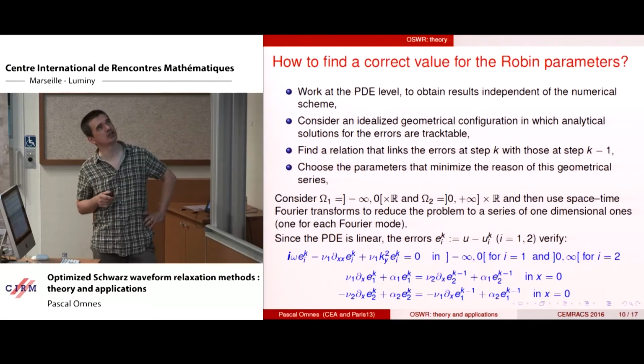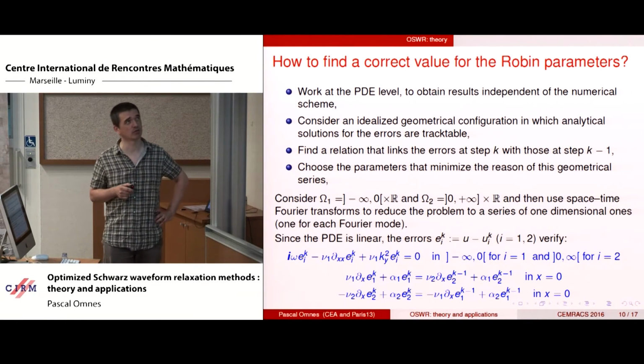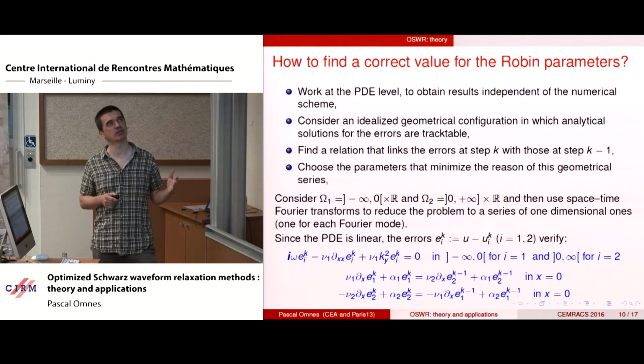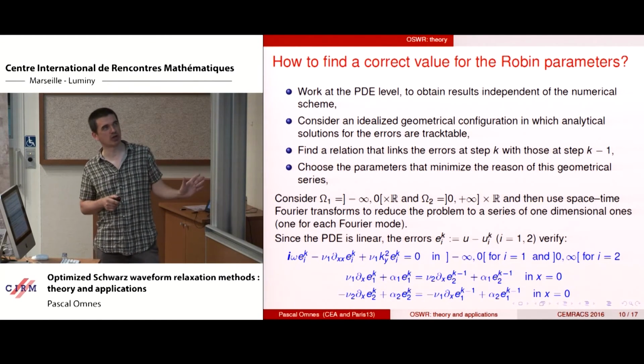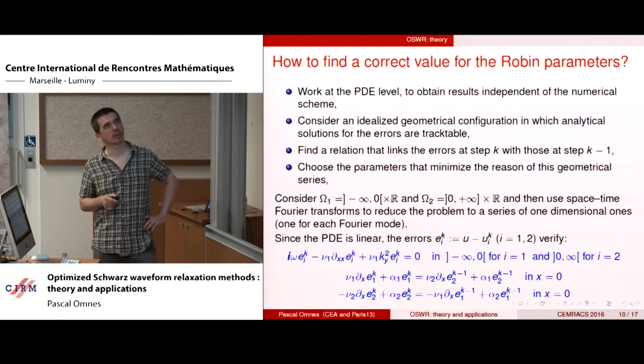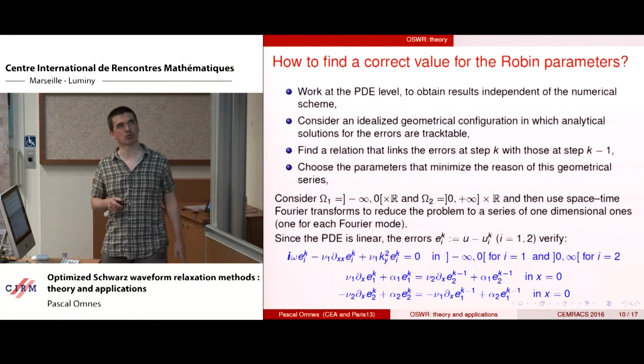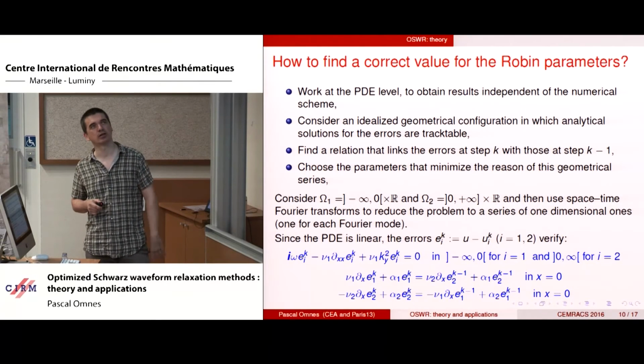So the ideal geometrical configuration will be the following. You consider two half planes. So omega 1 will be minus infinity to 0 in x, and the whole R in y. You take omega 2 equal to the other half plane, so 0 to plus infinity in x and R in y.